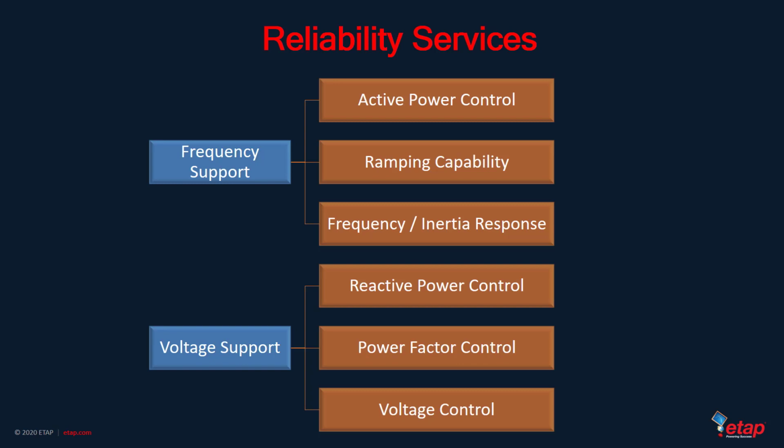In most cases for PV sites, both active power control and automatic voltage regulation act independently from each other. The main exception is when the facility is operating at its maximum MVA capacity, where the two of them are linked. So let's talk a little bit about frequency support.